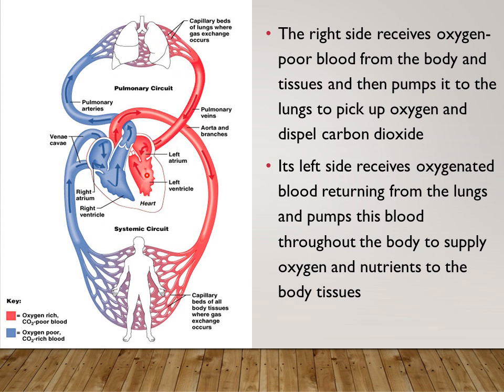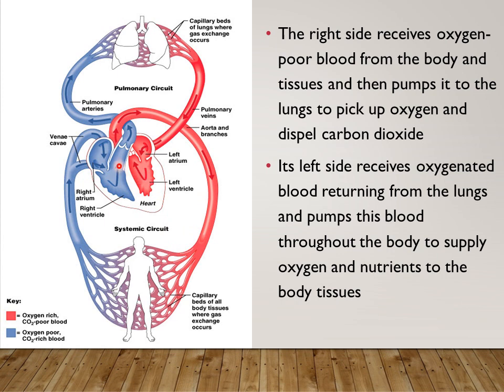So the left heart has oxygenated blood, and this oxygenated blood is pumped throughout the body, where it supplies all of its oxygen and nutrients at the tissue level. So physiologically, the heart has 2 important parts.